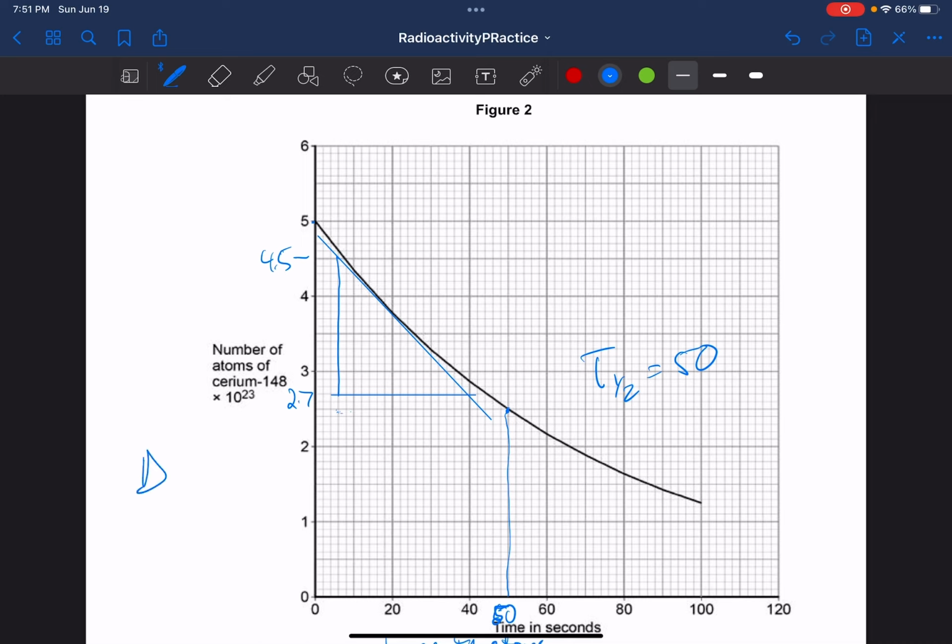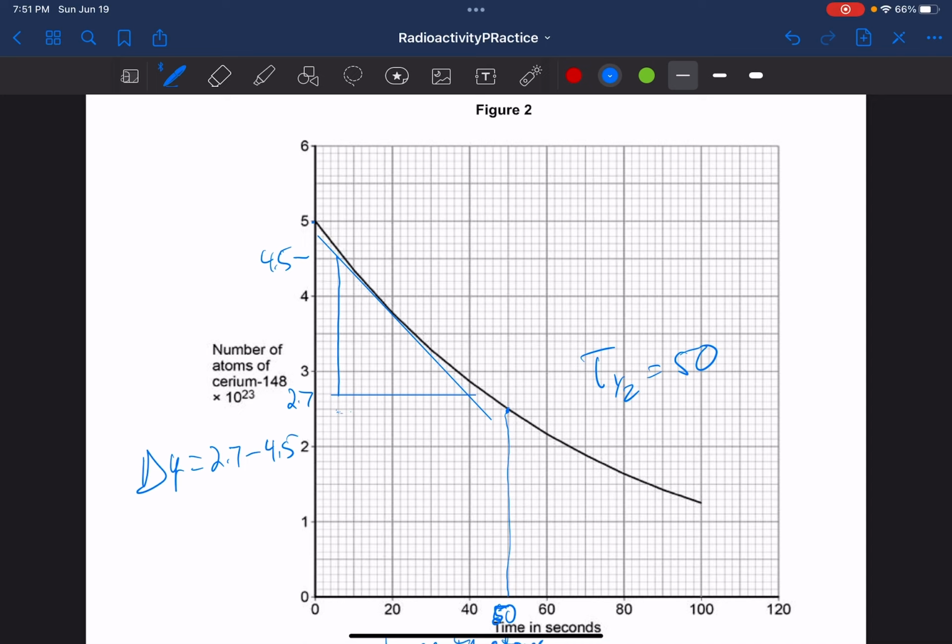So my change in y is going to be 4.5 minus 2.7. Or I've got to go the other way around, it is y2 minus y1. So 2.7. It doesn't matter because I'm going to be taking an absolute value of it anyway. And my change in time, each of these is 2 seconds.